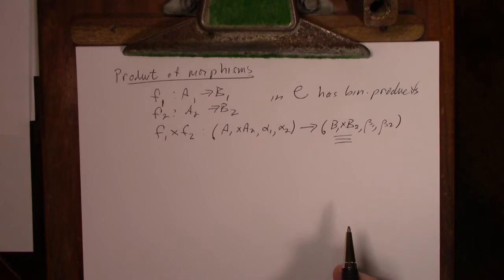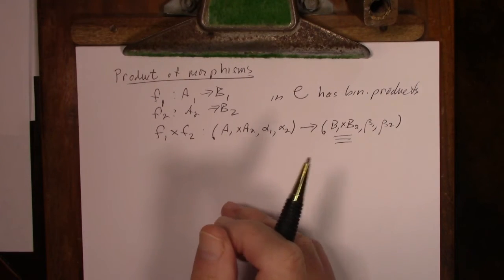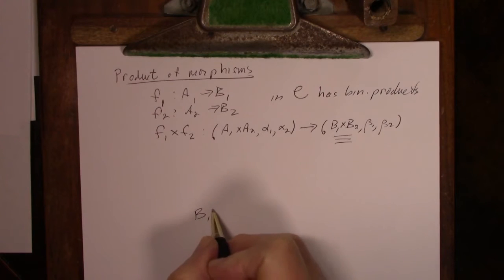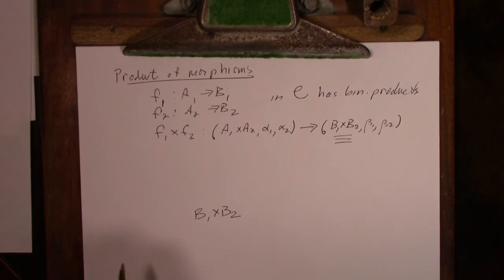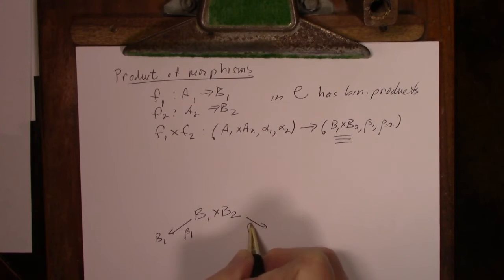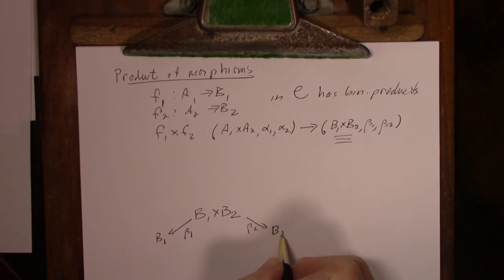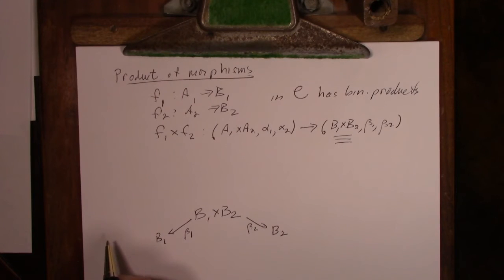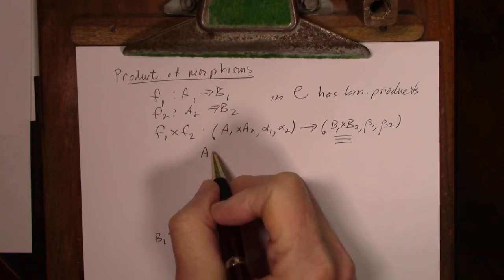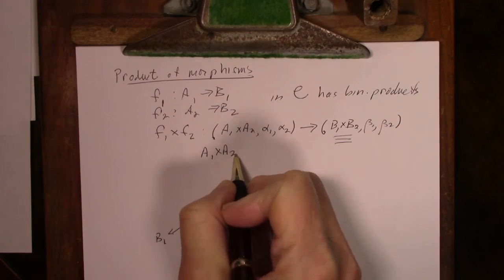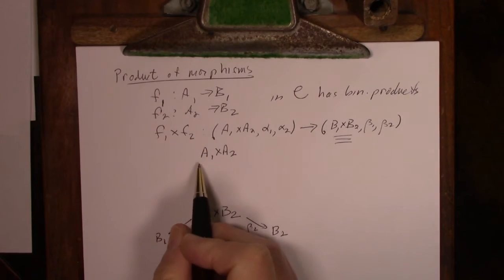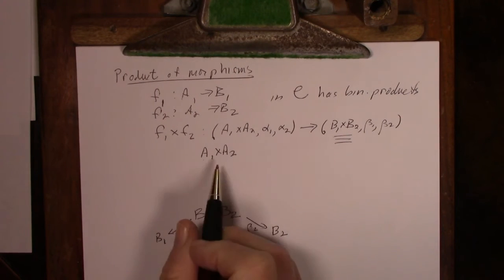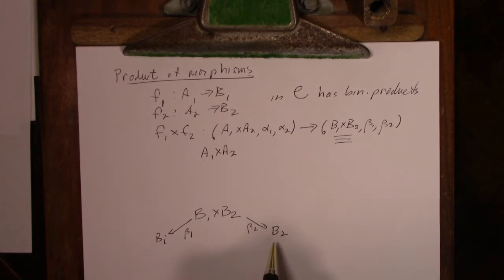Well, that shouldn't be a problem. In fact, I can draw a picture. Here's B1 cross B2, and we have our projections, beta 1 to B1 and beta 2 to B2. And here is A1 cross A2. This is our domain. We need to produce maps from A1 cross A2 to B1 and to B2.